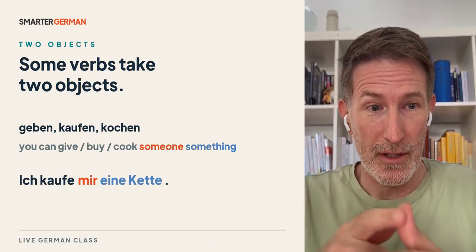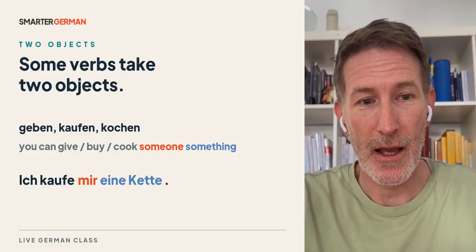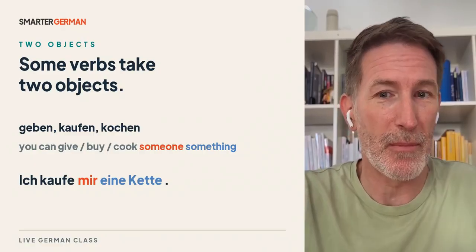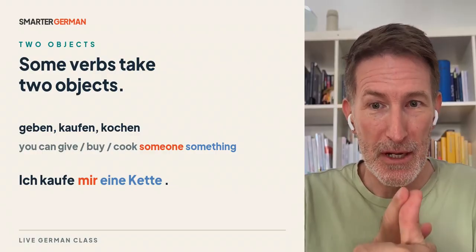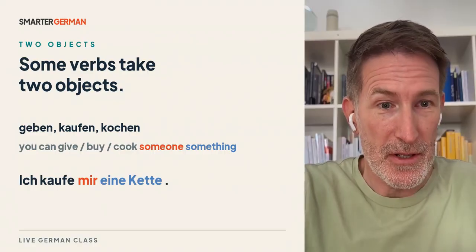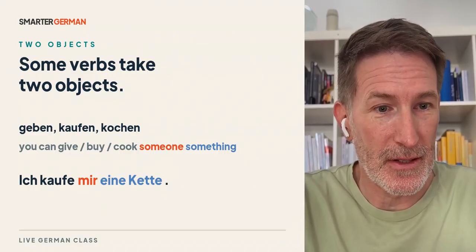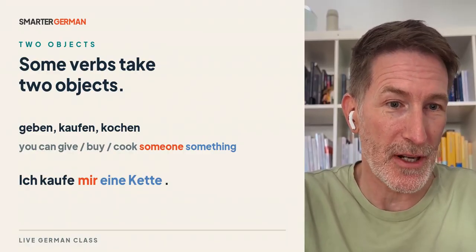So, for example, ich kaufe mir eine Kette. Why not? I buy myself a necklace. So mir is an object, eine Kette is an object, if you want to express this. But you can also say I buy a necklace. So you don't have to use two objects.